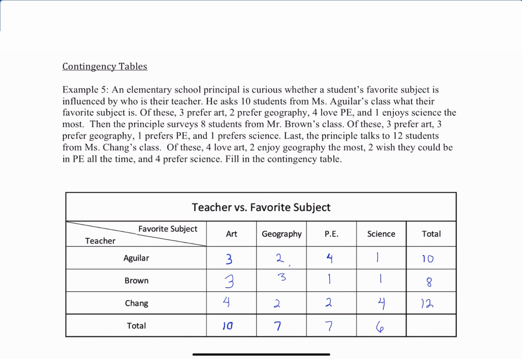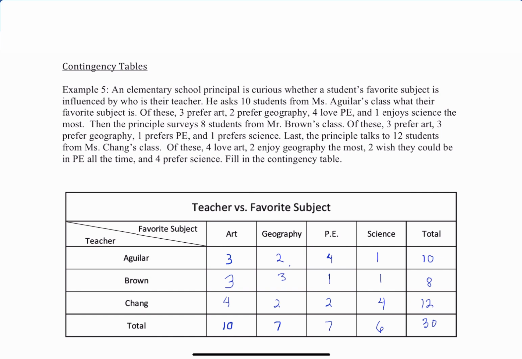What do we get if we add up the totals in this last column? Well, numerically we get, what's that? 12 plus 8 is 20 plus 10 is 30. Okay, so that's 30. But what does that represent?